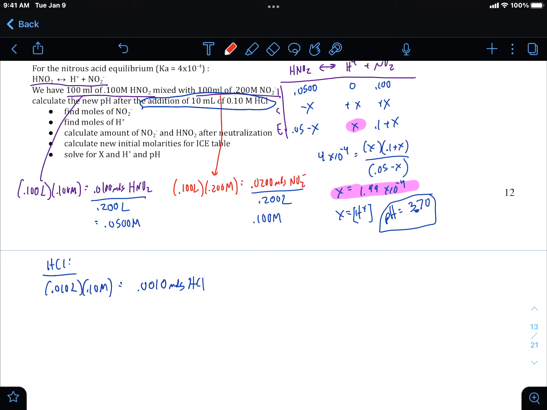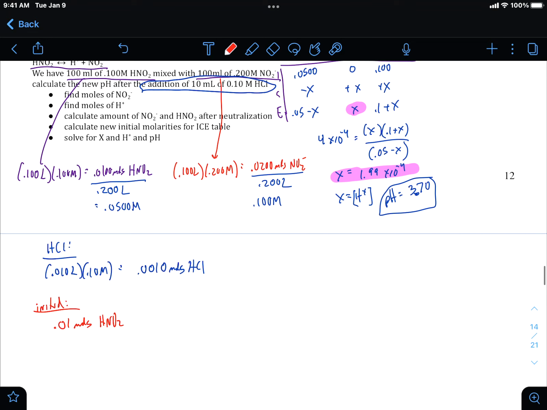Okay, so 0.01 moles of HNO2, and also the number of moles of the conjugate, which is 0.02 moles of NO2 minus. There are other ways to do this, but I think the way that I'm going to show you is the least confusing. Okay, so I'm rewriting what I know the initial moles to be.